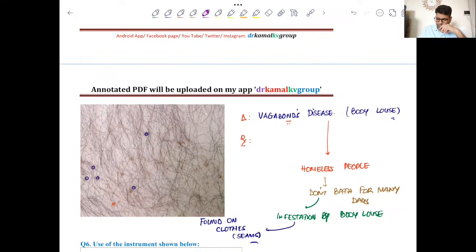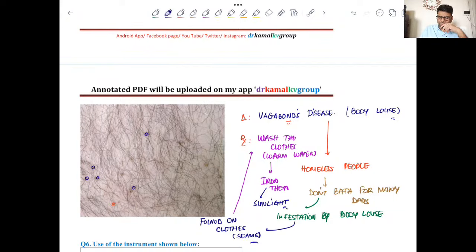So if we want to treat such a case, we don't have to treat the patient, we have to treat the clothes. So wash the clothes in warm water, or you can say boiling water, plus iron them, then dry in sunlight. Clear?